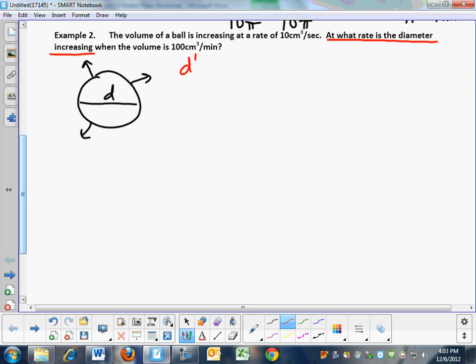So I'm looking for d prime. This is the volume of the ball. Is increasing at 10 cubic centimeters per second. So that means that V prime is equal to 10. I know the current volume is equal to 100.